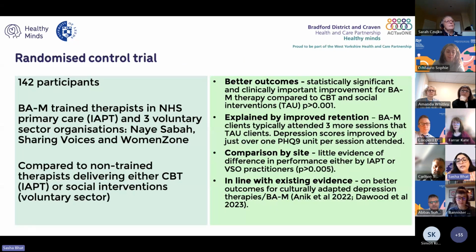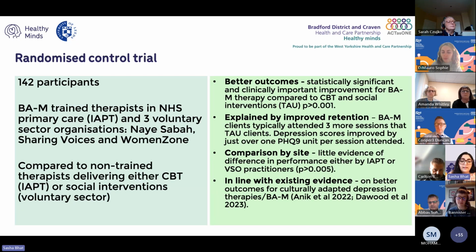So we undertook a randomized control trial, 142 participants. We had therapists within our talking therapy service and within our voluntary and community sector organisations. We had 3 organisations that we worked with in the first tranche of this, and we compared that to non-trained therapists and other social interventions that the voluntary sector were delivering, and we found statistically significantly better outcomes.